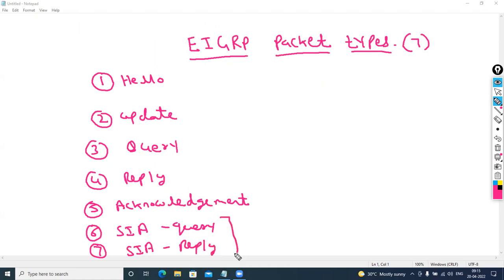These two we'll talk about later. We'll take a dedicated class for discussing SIA query and SIA reply. So now we'll discuss these 5 packet types.